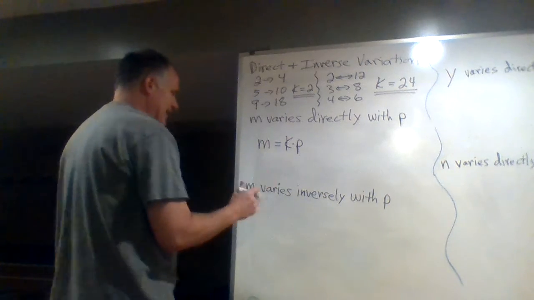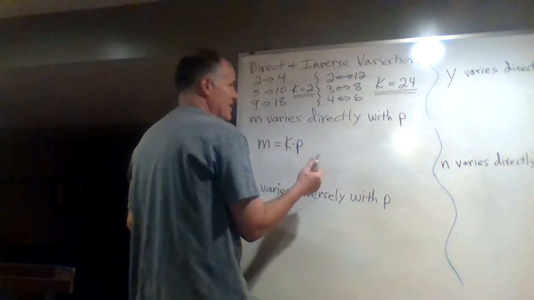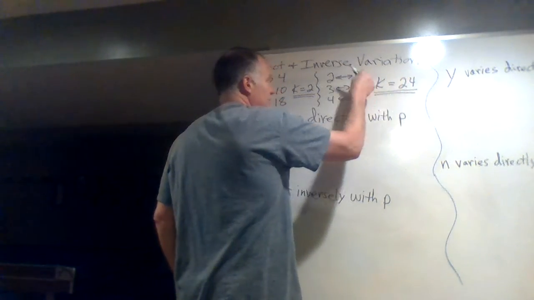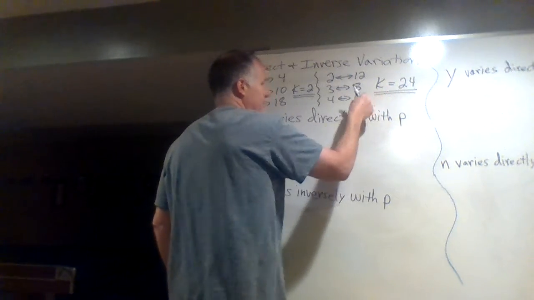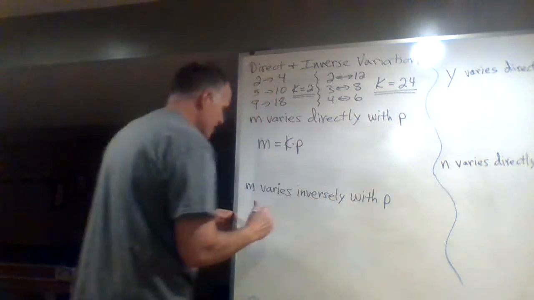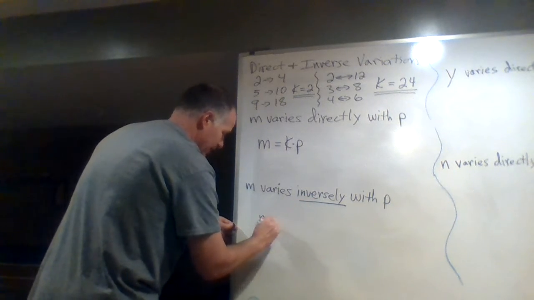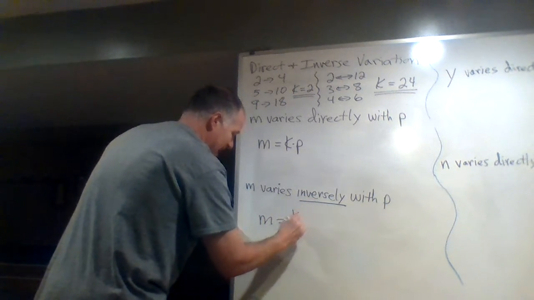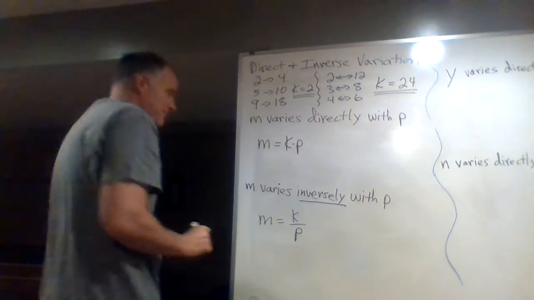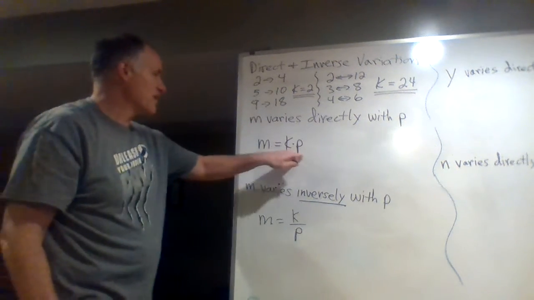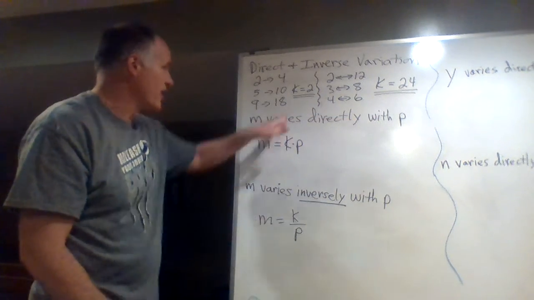Now, again, the inverse variation, I guess this is how you can think about it. 24 divided by 12 gave you 2. 24 divided by 8 gave you 3. 24 divided by 6 gave you 4. So the difference when it's an inverse variation, okay, then actually that K is being divided by P. So here K is being multiplied by P because it's direct, but here because it's inverse, it's going opposite.